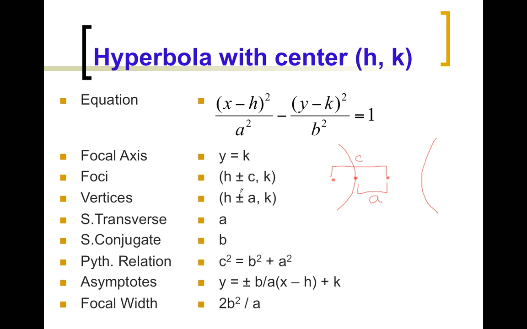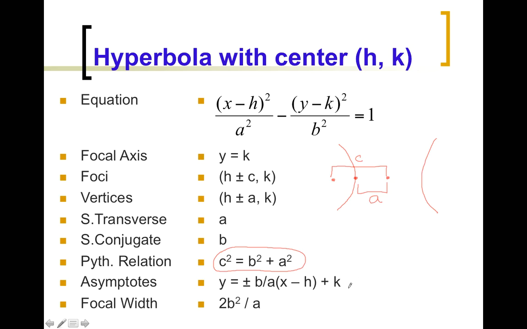The same thing goes with the vertex, or vertices. What you do need to notice here is the Pythagorean relation for hyperbolas is different than the Pythagorean relation for ellipses. And that has to do with the fact that c is now the largest length in this particular type of function.